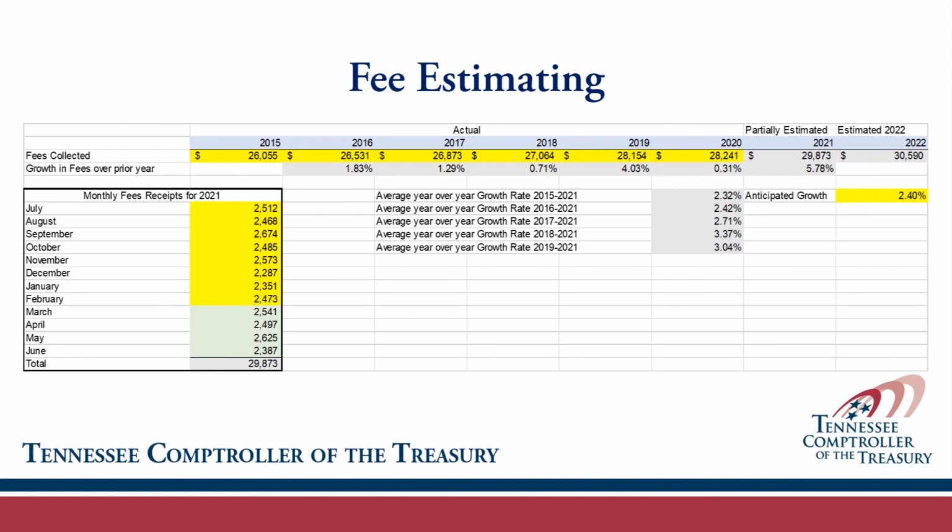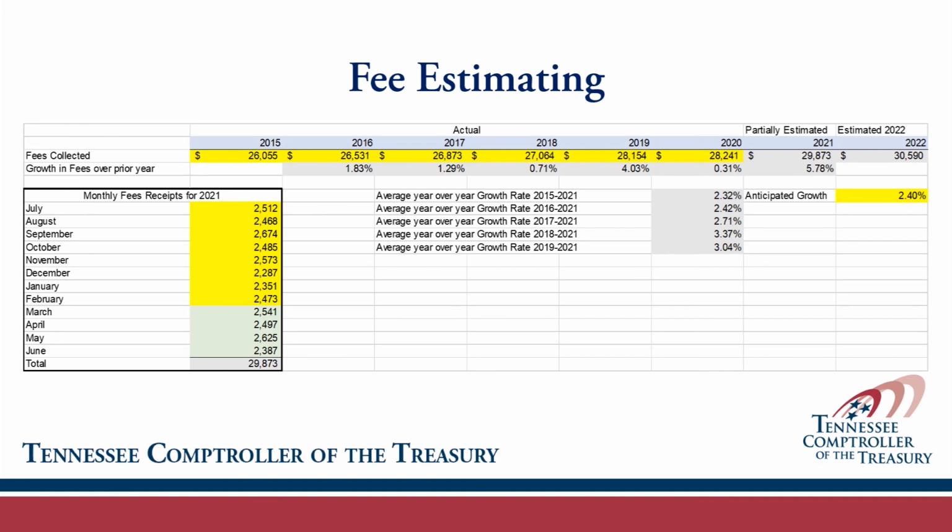Okay, same as the sales tax tool, the gray percentages in row 4 are the year-over-year growth for each year after 2015. So same as the sales tax tool, for instance, the first gray cell here under 2016 is showing you the growth from 15 to 16. Finally, it's time to estimate the 2022 receipts by reviewing the growth and entering your forecasted growth rate into the yellow cell all the way to the right.